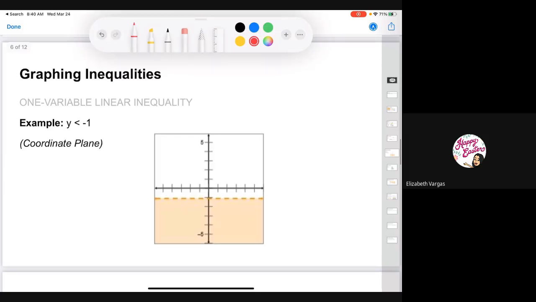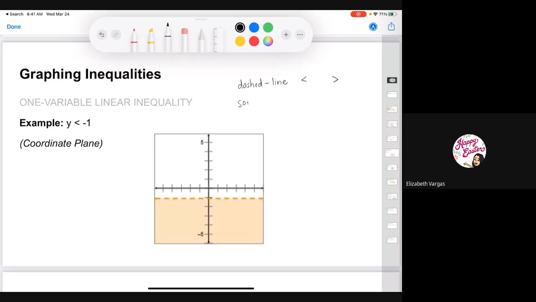Now, what about a coordinate plane? Very similar to how we created the number line, the way you create your coordinate plane is very important. The important thing is having a dashed or a solid line. We'll have a dashed line whenever we see greater than or less than.